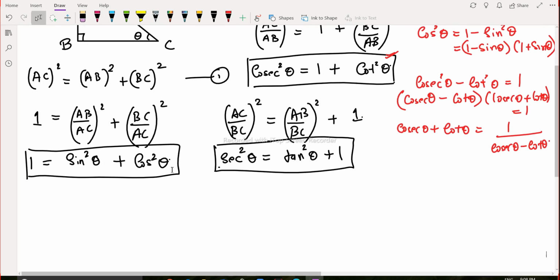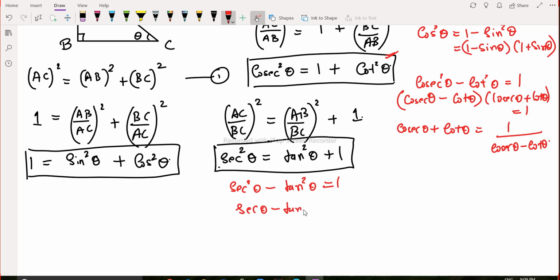You can do similar things with the third identity. Seeing this, you can easily write it as sec square minus tan square is equal to 1. Then I can write sec theta minus tan theta into sec plus tan, which is also equal to 1.